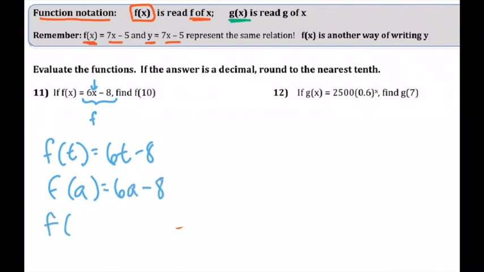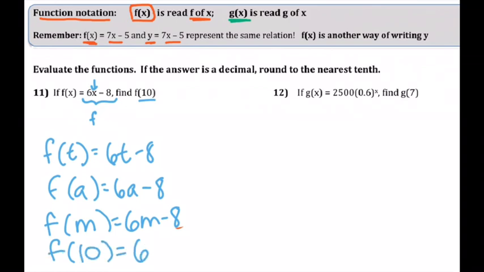If it was f of m, it would be 6m minus 8. Do you get the idea? It's the same function, it's just we're using a different input variable. And so what we do when we find f of 10, we're going to do f of 10. And so guess what it's going to be? 6 times 10 minus 8. And you're going to tell me, what is 6 times 10 minus 8?